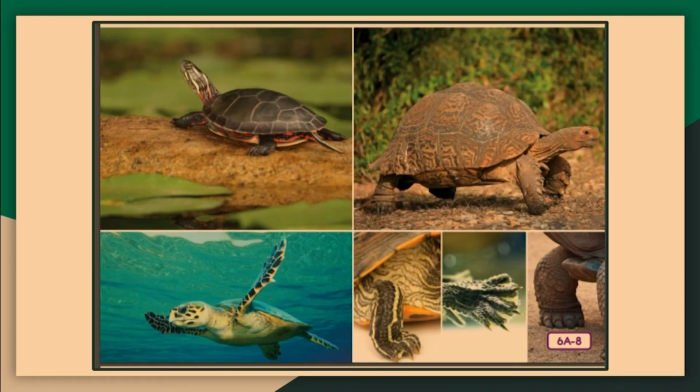Turtles and tortoises are the only reptiles with bony shells as part of their skeletons. Their backbones are actually fused to their shells. These shells may be flat or domed. Turtles have softer shells, so they can swim faster, but land-dwelling tortoises need hard, leathery shells to protect them from predators.